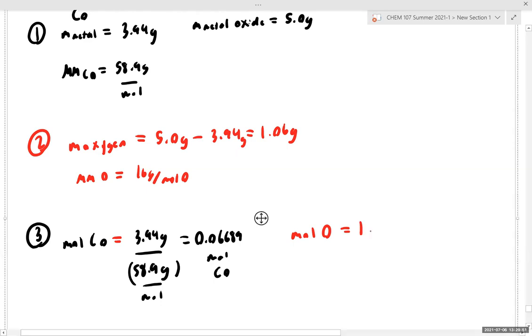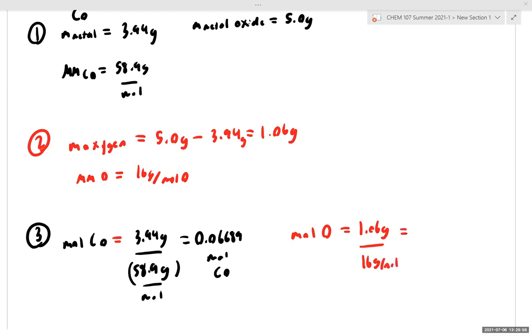Exactly right. We take the mass of oxygen, which is 1.06 grams, over the molar mass, which is 16 grams per mole. We have 1.06 over 16. That gives us 0.06625 moles of oxygen.